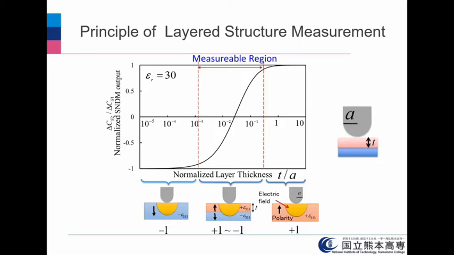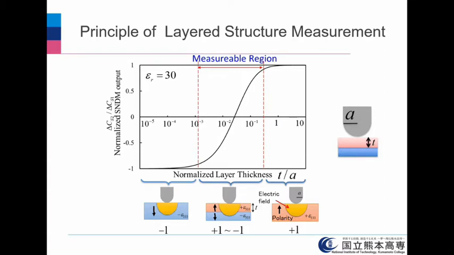The principle of this measurement is simple. When we measure this polarity, I assume that the SNDM output is +1. In this case, when we measure the opposite polarity, the output should be -1.